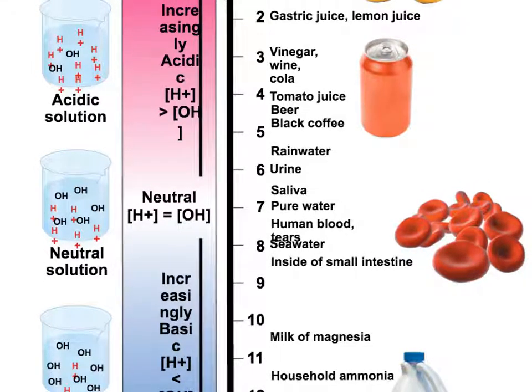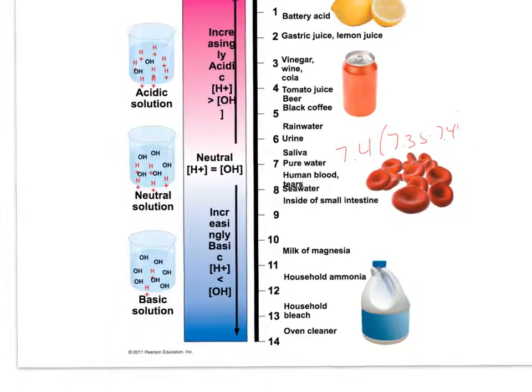Human blood, tears are slightly basic, about 7.4. We keep that in a range from about 7.35 to 7.45. Most biological reactions occur in that slightly basic range. Then inside of the small intestine, we go increasingly basic: ammonia, bleach, and eventually down to oven cleaner.